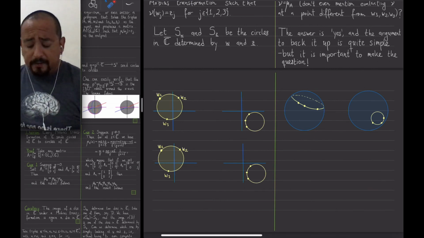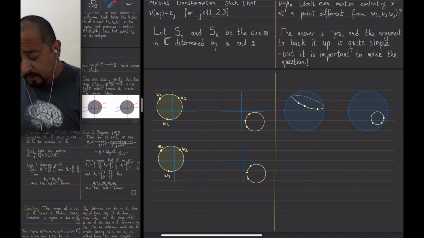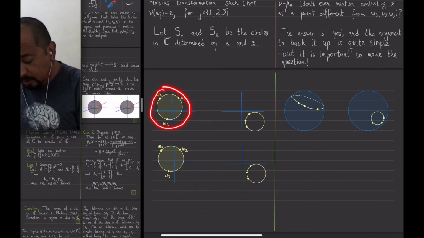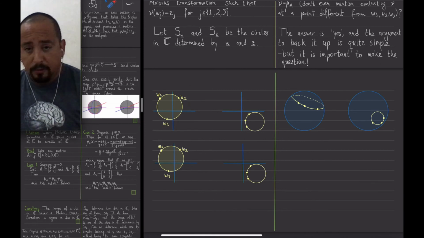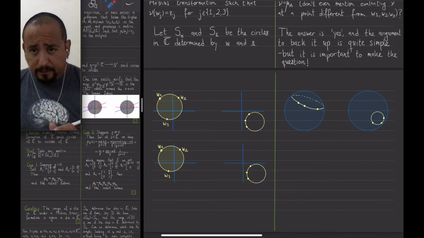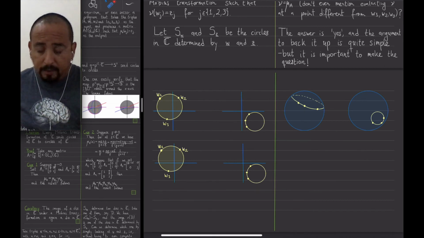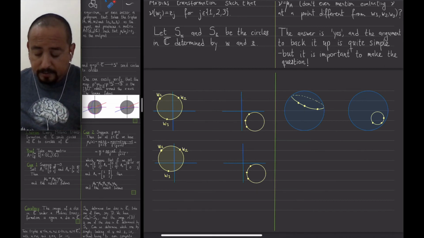Let me do the analysis in the case of none of the points W1, W2, W3, and none of the points Z1, Z2, Z3 being infinity, and even stronger, that the circles determined by them are both circles in C and not circles of the form straight line union infinity.